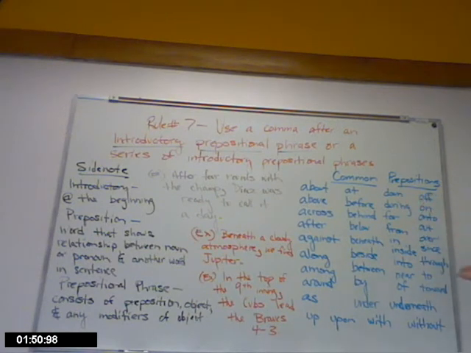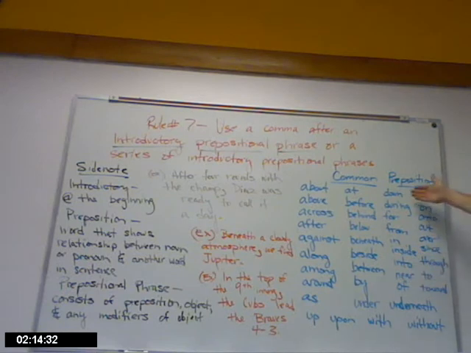These are common prepositions. There could be others out there, but these are the common prepositions you'll see: about, above, across, after, against, along, among, around, as, at, before, behind, below, beneath, beside. Again, showing relationship. You can stand beside a wall. You can stand beside a friend. Between, you can stand between people.